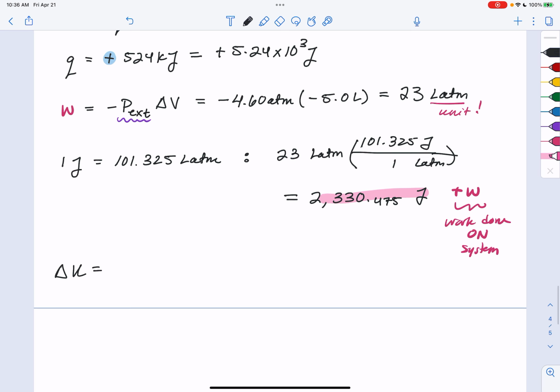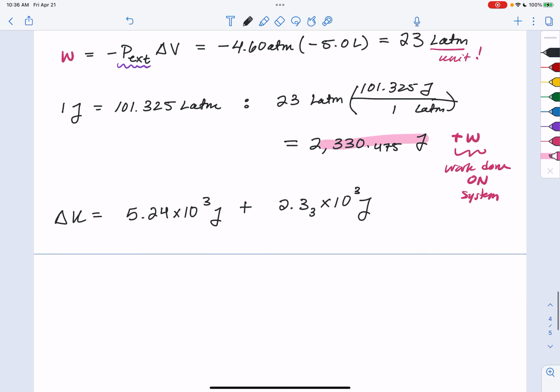So we were given 524 kilojoules, or 5.24 times 10 to the third joules of heat, plus my work, which is 2.33, and technically it's 2.3 to 2 sig figs, times 10 to the 3 joules of work. So this is my heat Q. This is my work W.